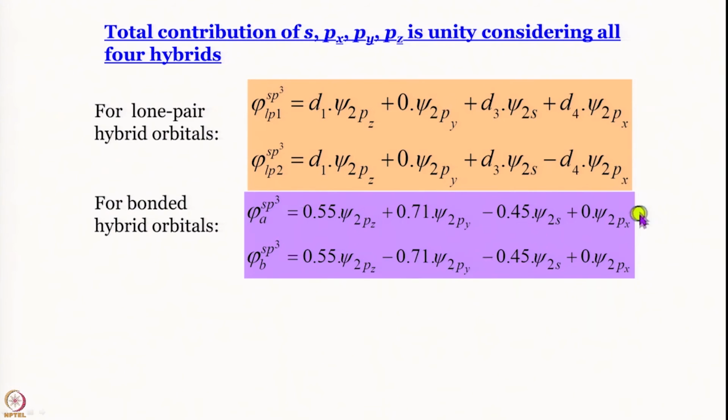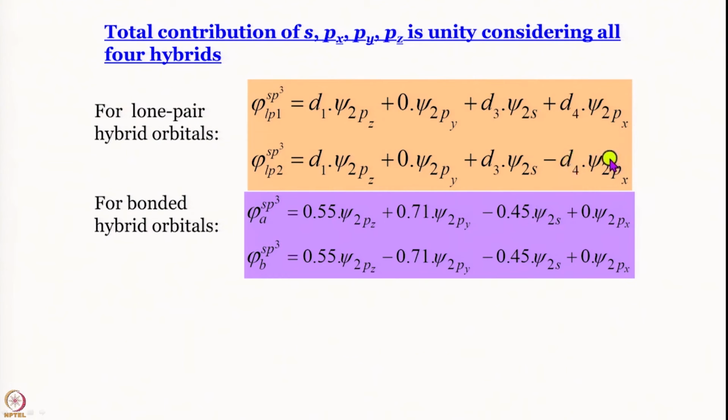Actually, to start with we had 4 unknowns and 4 equations, it is just that we have worked out one of them already. Now what will I get then? Total contribution of 2pz has to be 1. So d1 square plus d1 square plus 0.55 square plus 0.55 square equals 1. For 2s, d3 square plus d3 square plus 0.5 square plus 0.45 square plus 0.45 square equals 1.